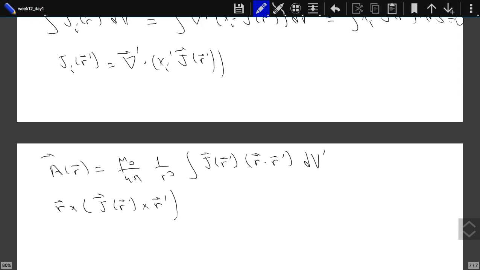Because if I somehow can write this expression in terms of such a vector product, I can easily take it out of my integral. That would be nice. So this will be equal to j of r prime multiplied with r dot r prime, minus r prime j of r prime dot r.